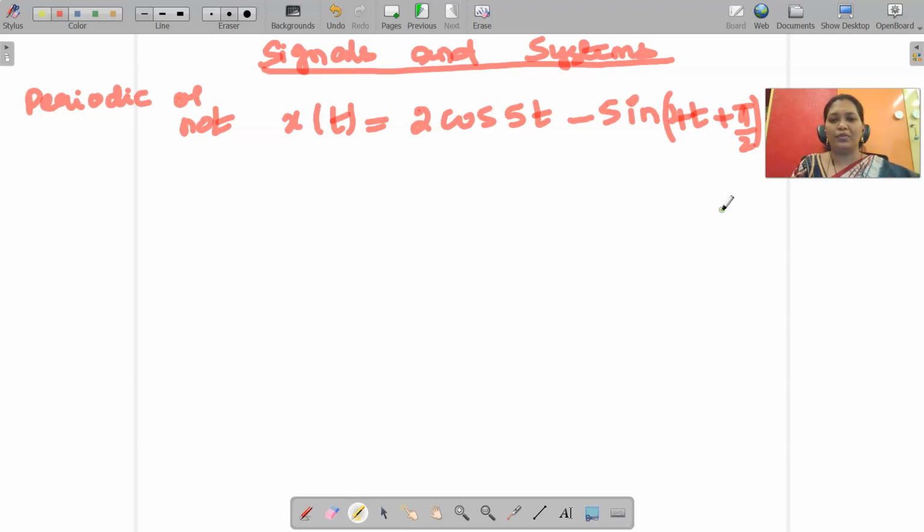So what are we going to find out? Generally, if it is periodic, we will find out the fundamental time period. So here also we are going to find out the fundamental time period. Since we have two signals, let me find out two fundamental time periods. Let me consider T1 and capital T2.